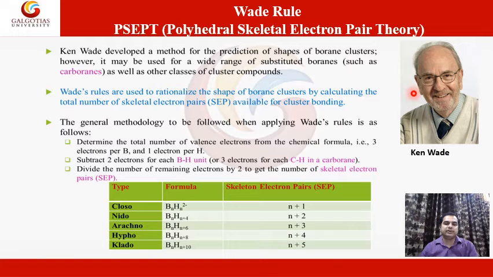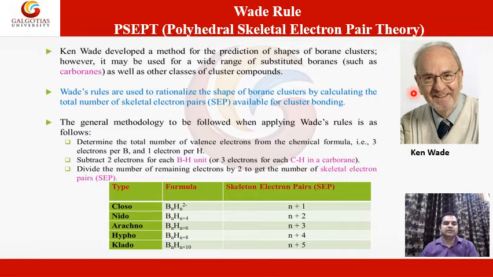And the general methodology which can be utilized for calculation of SEP, as given by Wade, is as follows. First, determine the total number of valence electrons from the chemical formula. That is, we take 3 electrons per boron atom and 1 electron per hydrogen atom.